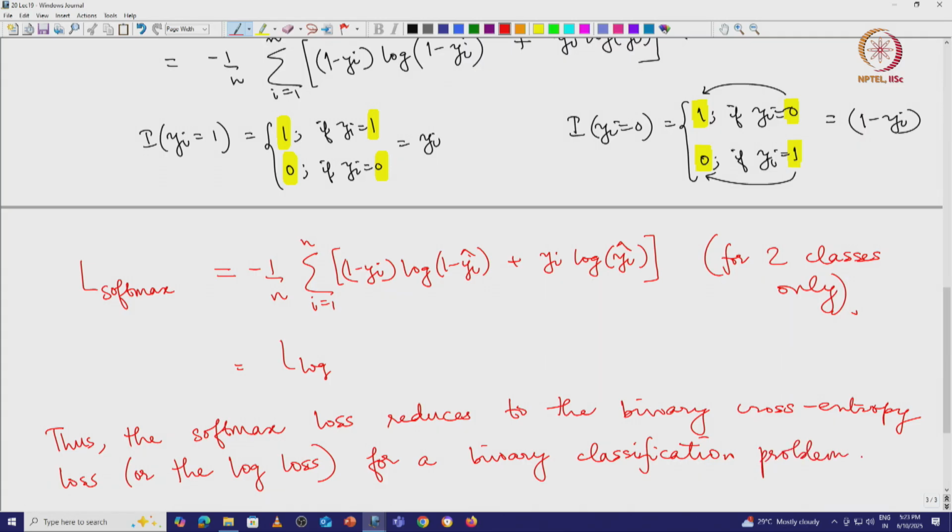And this seeks to convey that our formalism is consistent, right. The formalism we have developed for softmax regression is reducing to the formalism we have for binary classification problems through logistic regression. So I hope it makes sense to you.